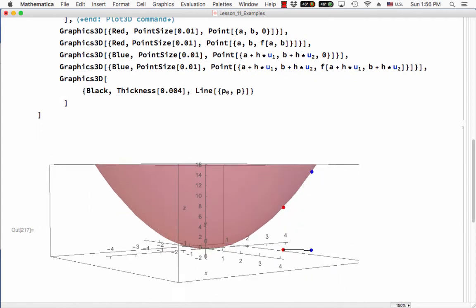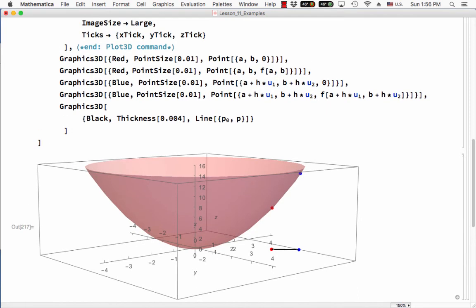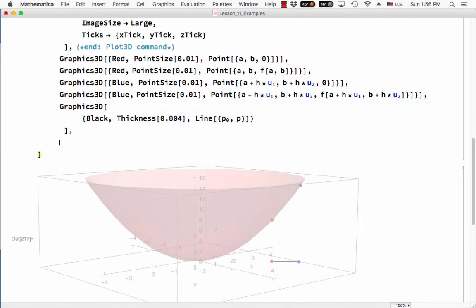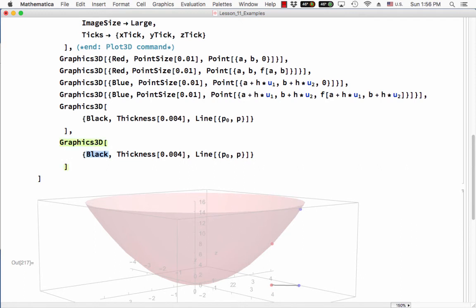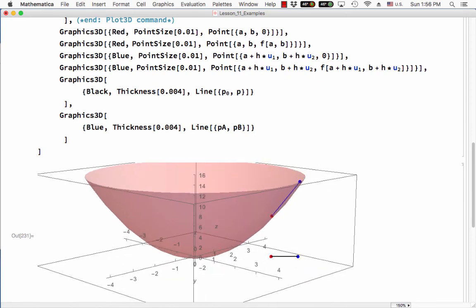And then we'll do the projection in blue. So what we wanted to do is now we also want to graph the tangent line to this. The secant line, and we'll do this in blue actually, right? So this would be point A to point B. So now that's the secant line, which is the projection.